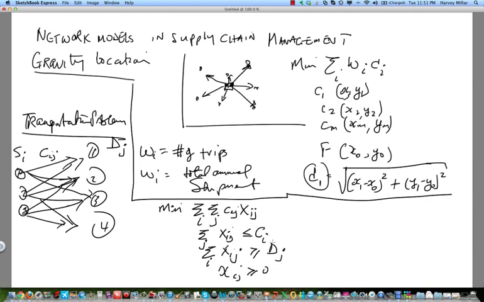So that's the basic model, and that's a transportation model.